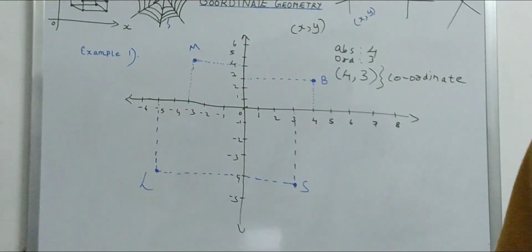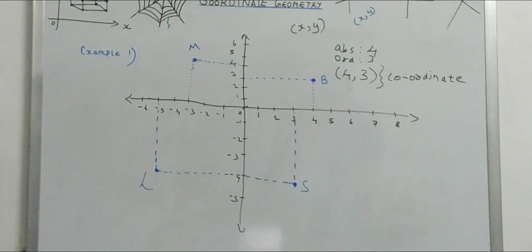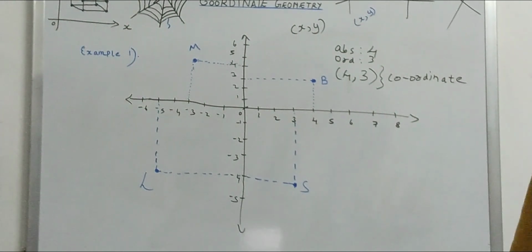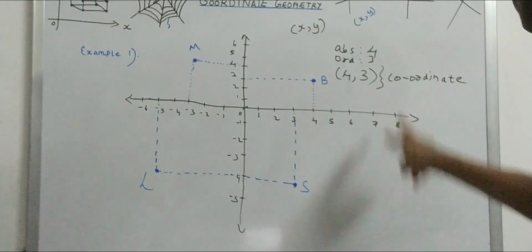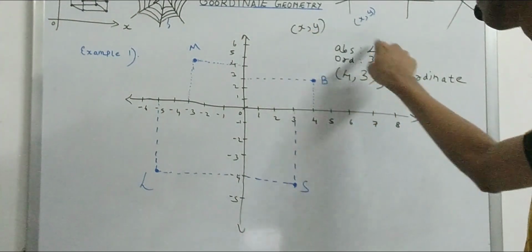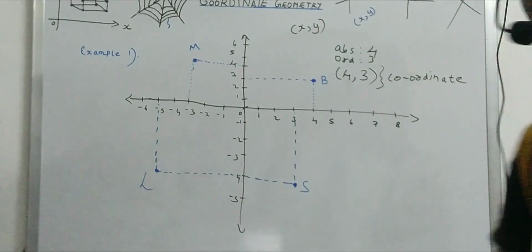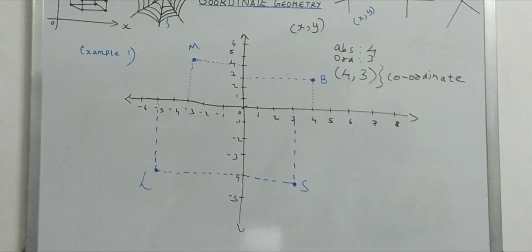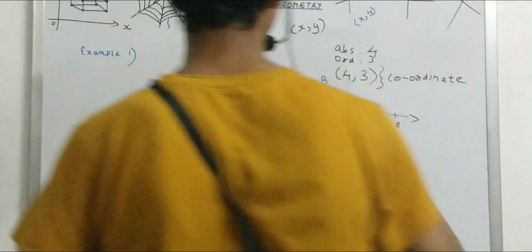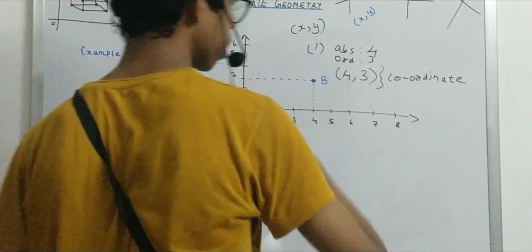So you can write: the abscissa and the ordinate of the point B are 4 and 3 respectively, hence the coordinate of B is 4 comma 3. This is the way in which you can write. 4 is the abscissa and the ordinate is 3. I hope the first one is clear.